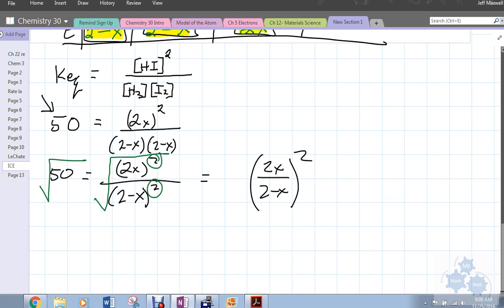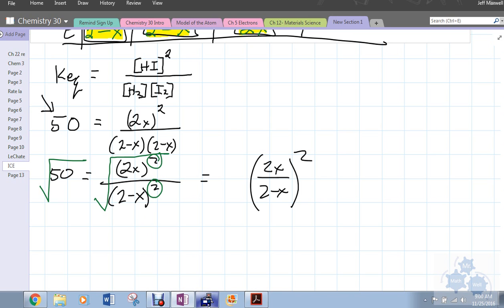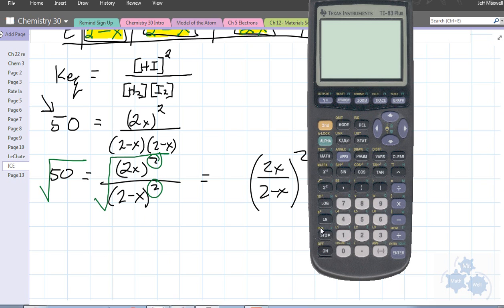So what's the square root of 50? You guys all have your calculators handy? Let's do the square root of 50, and you don't have to write it in radical form. You can just use decimals. For chemistry, just do it in decimal form.